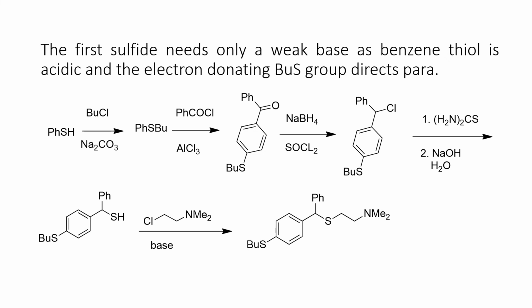This compound will react with the thiourea in the presence of a base. When this thiourea reacts with this compound, we will get the SH group, insertion of SH group, same as I have discussed in the previous slide through the thiourea salt.